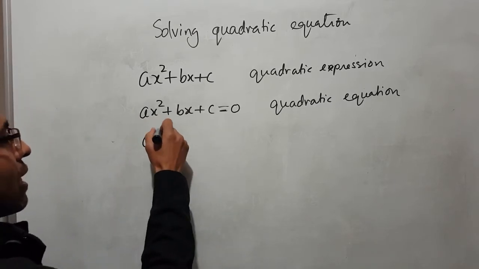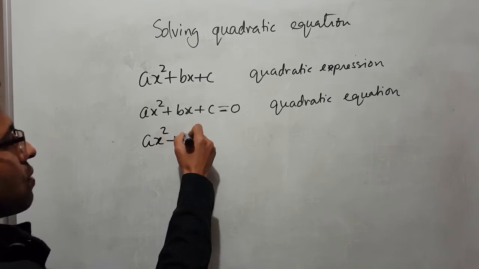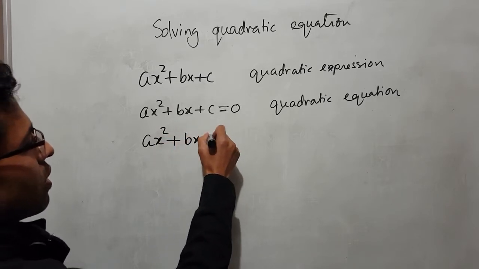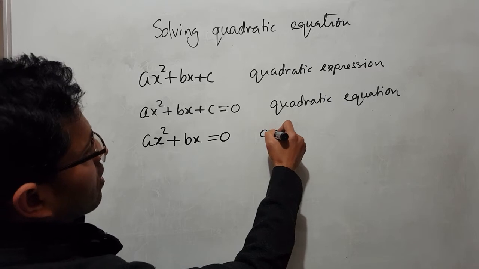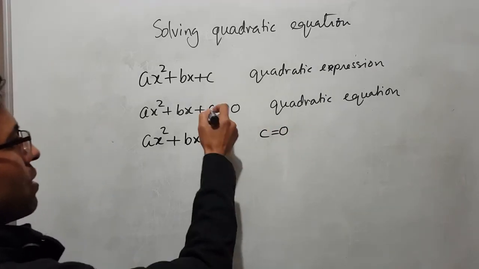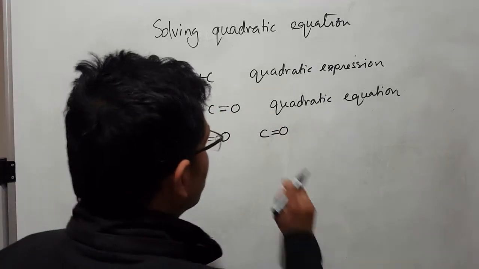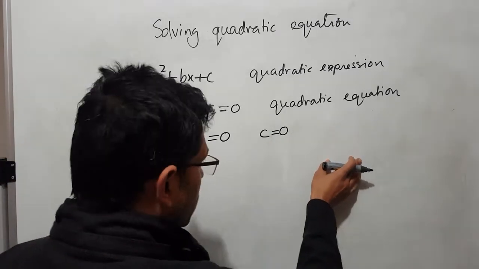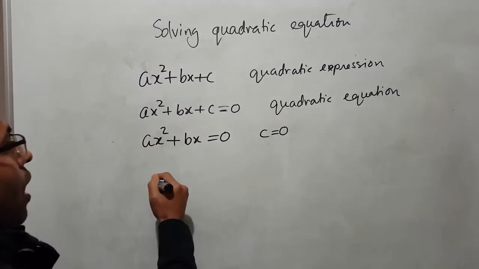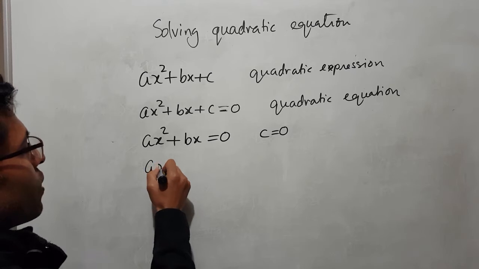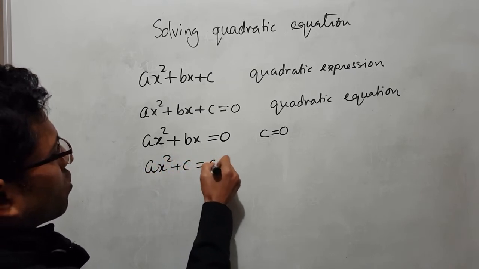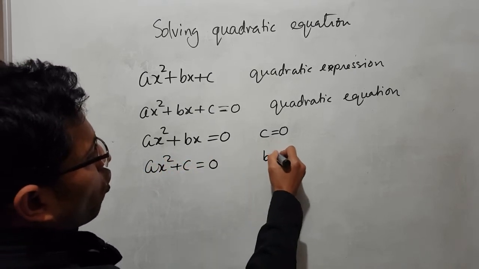A quadratic can also come as ax squared plus bx equal to 0, where c is 0. So it is a quadratic without c. Or you can say ax squared plus c equal to 0. It means there is no b.